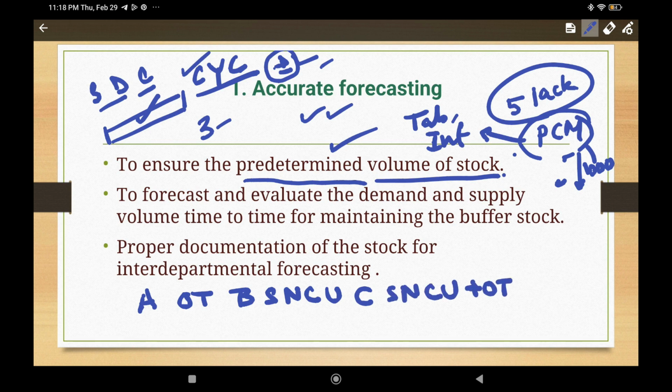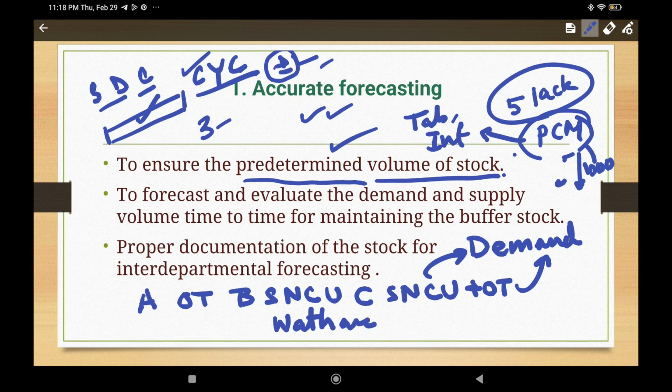So first we have to take demand from each department, OT as well as SNCU, check what the common drugs are, and what the total demand is. Then only can we calculate the actual requirement.